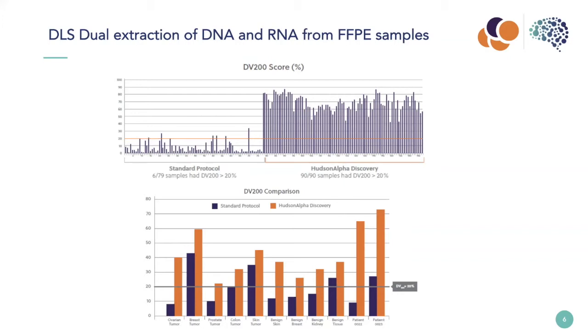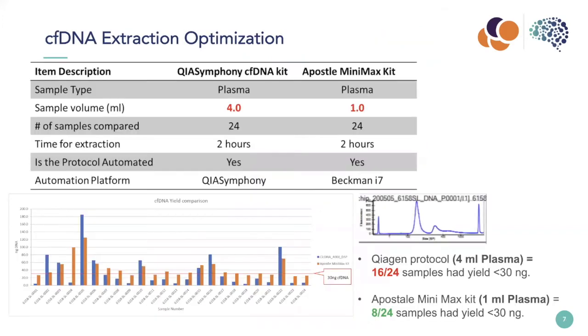But the takeaway message is very, very consistent: the isolation method is a key determinant in terms of how much of the intact RNA can be recovered. So all of the data that we're showing from FFPE material in the remainder of the presentation was isolated via the HudsonAlpha Discovery methodology that was just described.